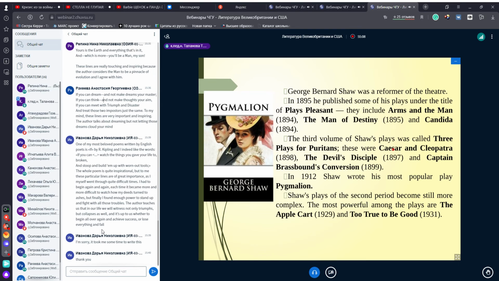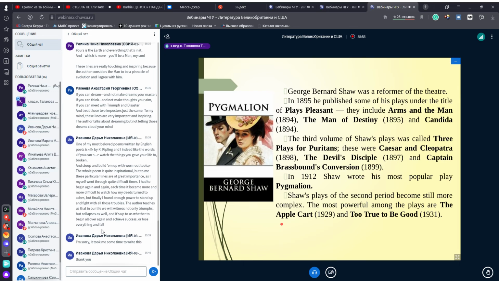After that, his plays became more complex. You can look at the slide and see the titles of the plays: The Apple Cart and Too True to Be Good. His plays became rather political.